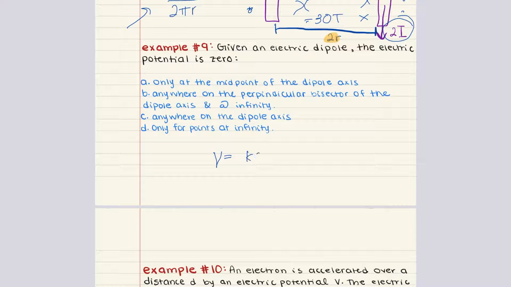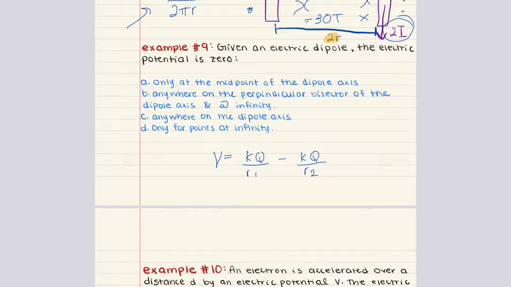V is equal to KQ divided by R1 minus KQ divided by R2. We saw this in lecture, and here Q is the magnitude of the charge, R1 and R2 are the distances from the positive and negative charges respectively, and K is Coulomb's constant.